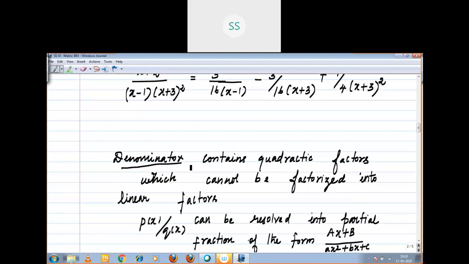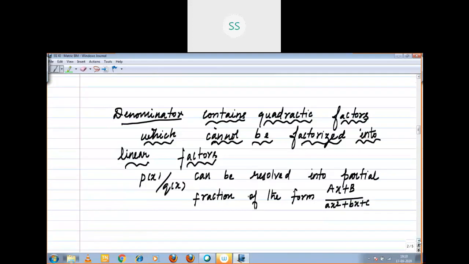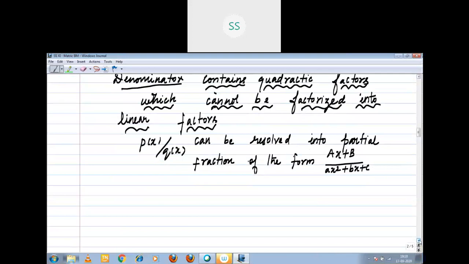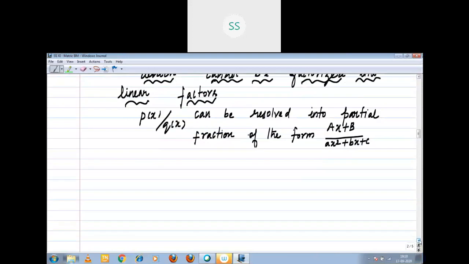Denominator contains quadratic factors which cannot be factorized into linear factors means we resolve into the partial fraction ax plus b divided by the quadratic polynomial. Whatever quadratic polynomial is given to you, you have to write it in the denominator place. That I am going to discuss in question number 8 and 9.